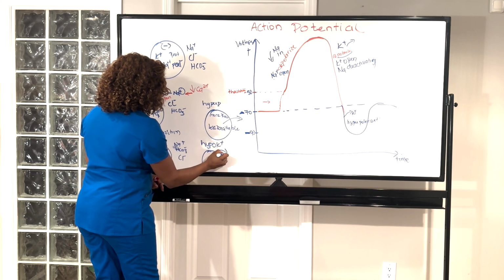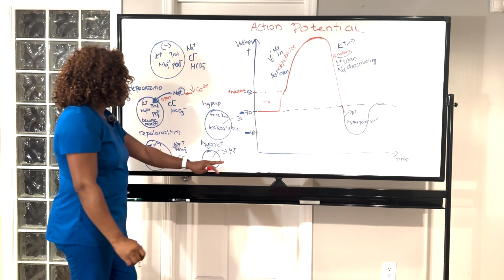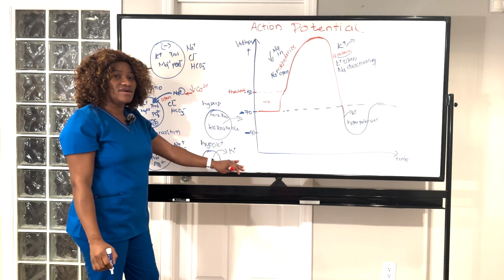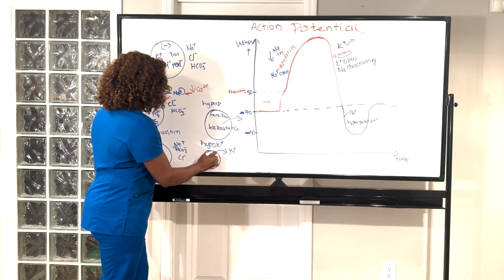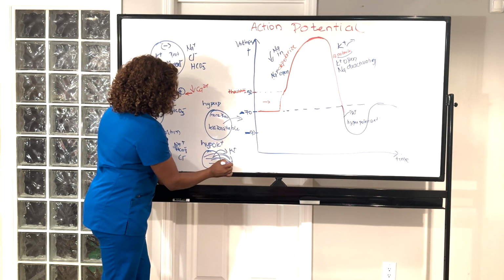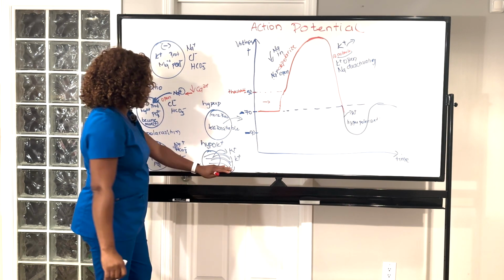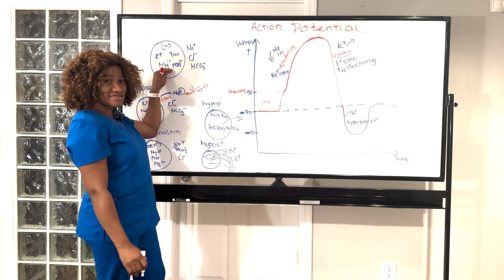The cell is trying to pump out the potassium to go back to the resting state. But if out here we don't even have enough potassium, what is going to happen? The cell is going to quickly eject the potassium out very fast to reach its normal resting state.